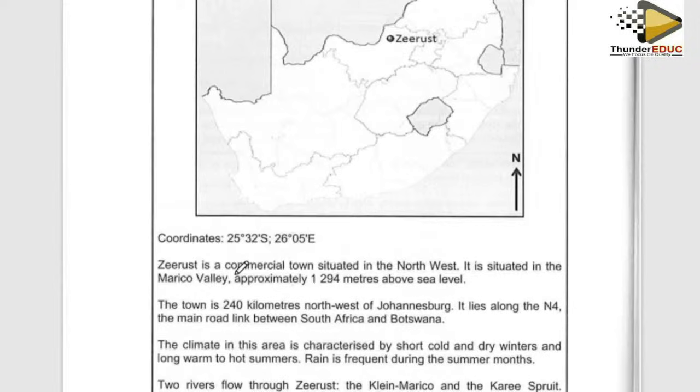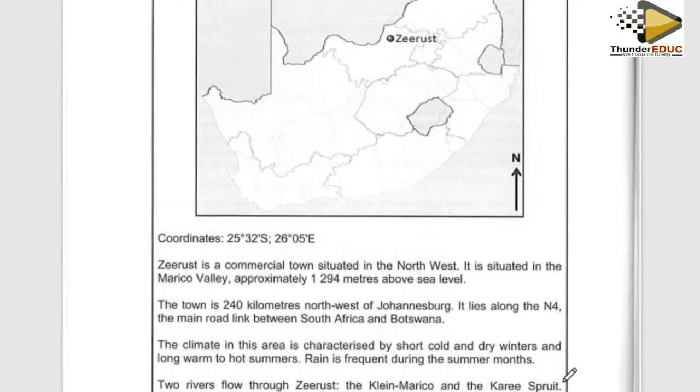It lies along the N4, the main road link between South Africa and Botswana. The climate is characterized by short, cold, and dry winters and long, warm to hot summers. Rain is frequent during the summer months. 2 rivers flow through Zeerust, the Klein Marico and the Kareespruit. There is a natural spring at the Marico Eye. So that information is very relevant, so please don't jump it, you read it.